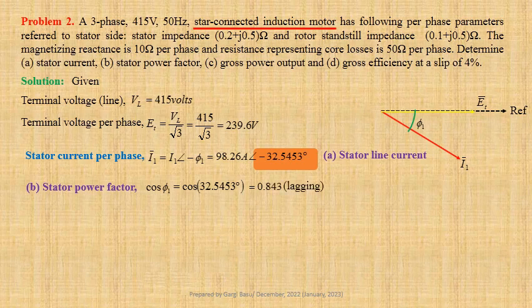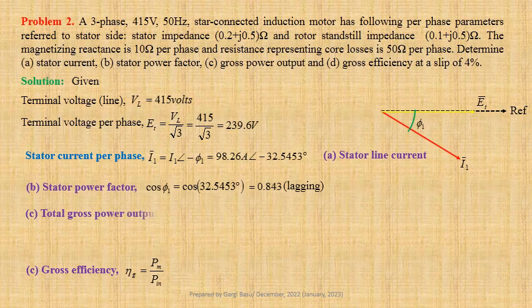Now we shall determine gross efficiency of the motor. Eta G equals Pm divided by Pin. We have obtained total gross power output Pm equals 49,861 watts and total power input Pin equals 61,176.217 watt.